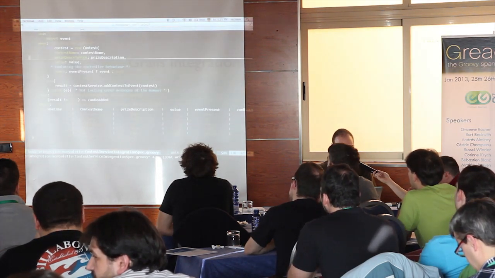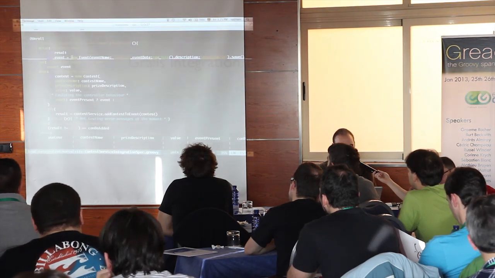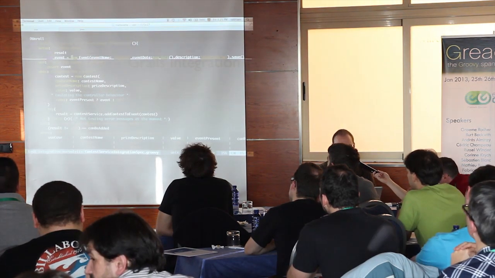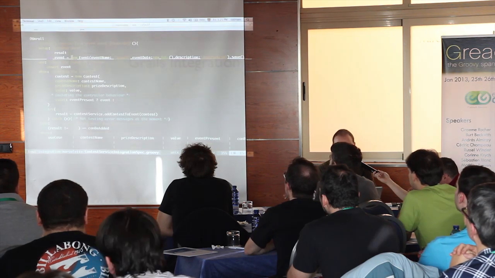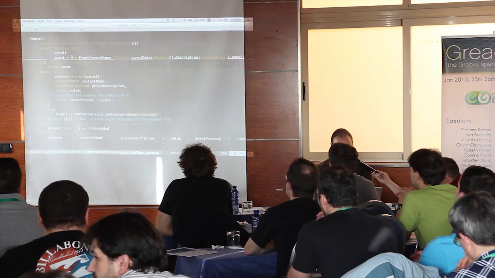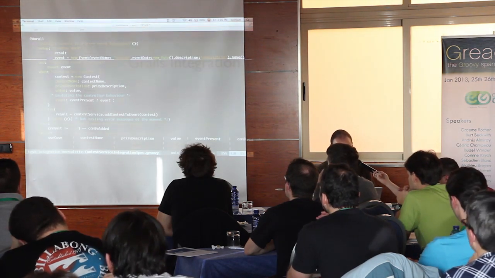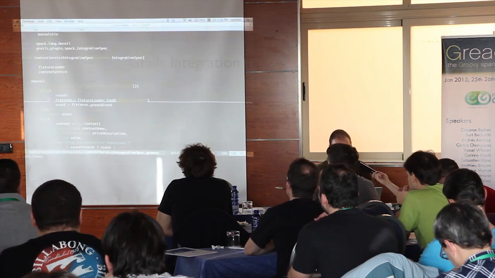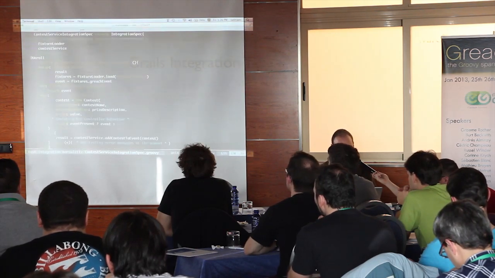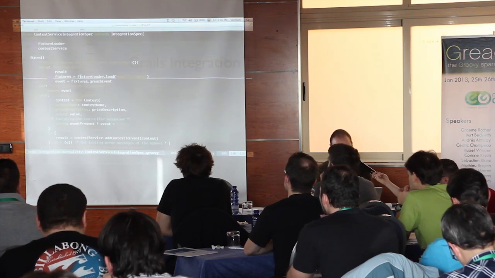The other thing I was saying is about the Fixtures plugin. Here you can see that I have built an object, and if I had to do it over and over again, there would be a lot of lines of code. So instead of repeating myself, I can just use the Fixtures plugin, and the only thing I have to do is reference the common data set I'm using for this testing.